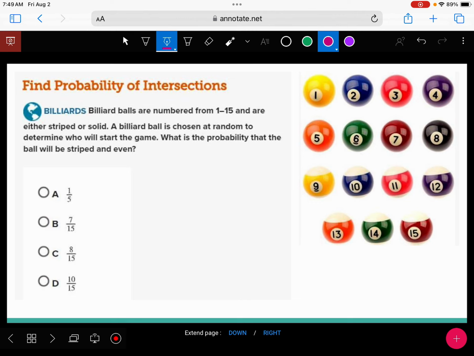So I want you guys to try and see if we can figure out, first, what's the probability it's striped? What is the probability that it's even? So the solid ones are these ones up here. The striped ones are these ones down here. So think about it for a second.